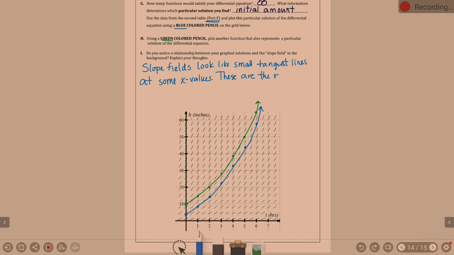These are the rates of how fast the depth is changing at a specific time. Okay. That's what I got.